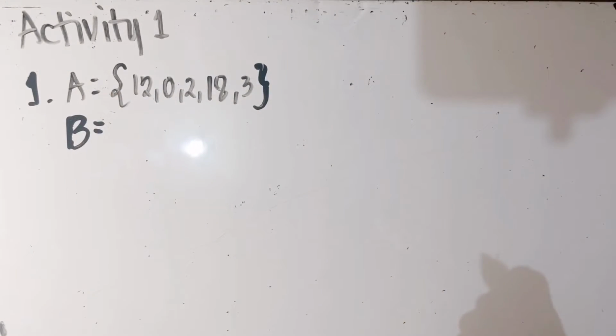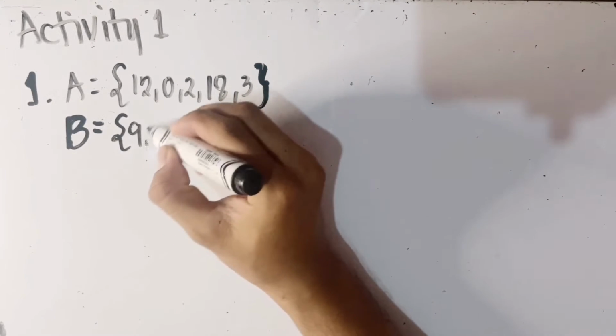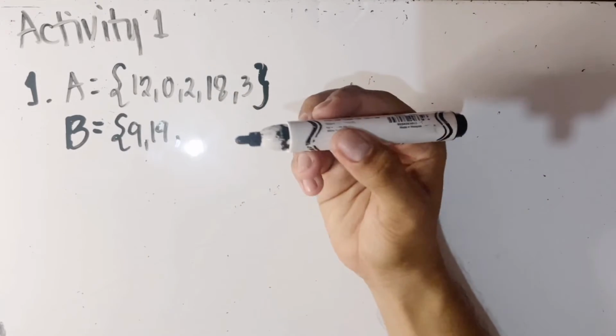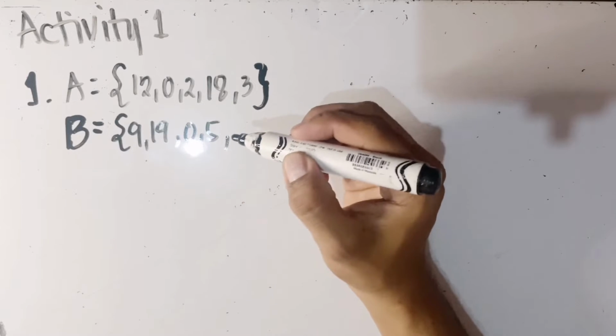And set B is equal to 9, 19, 0, 5, and then 12.